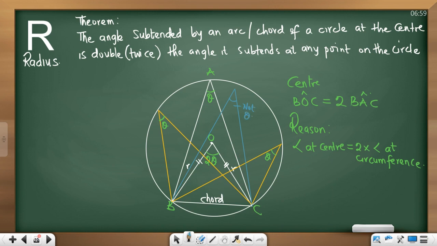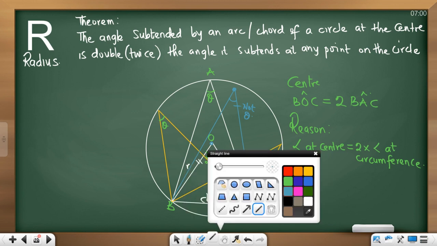Why? It is not on the circumference. Please take note of that. It is not on the circle. If it's not touching the circumference of the circle, then the theorem would not work. Take note. We're going to see something similar to all of this. So take note, we're talking about the center.